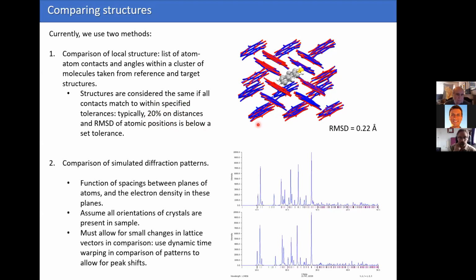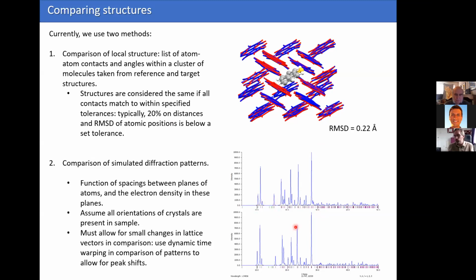The other thing we use, because it's actually quicker than looking at all atom-atom contacts, is we compare simulated diffraction patterns. The diffraction pattern tells us about spacings between layers of electron density in our crystal structure, or effectively layers of atoms, and they can be treated as a fingerprint of our crystal structure.